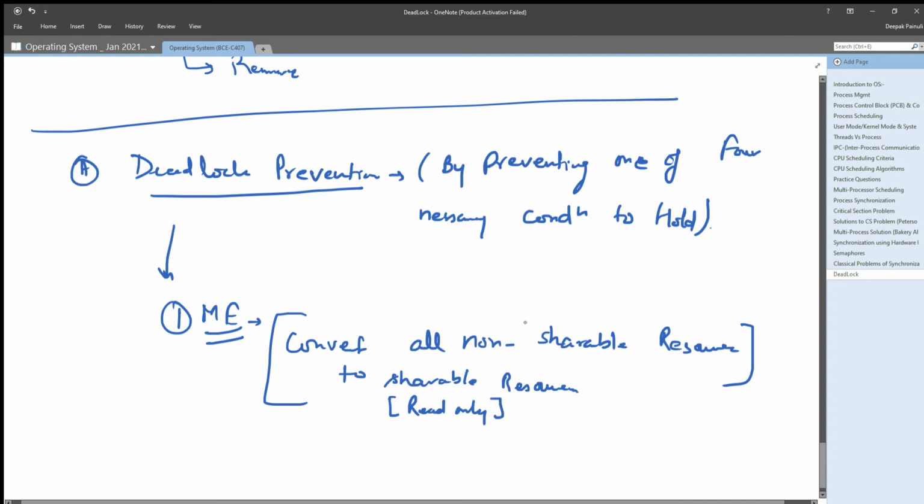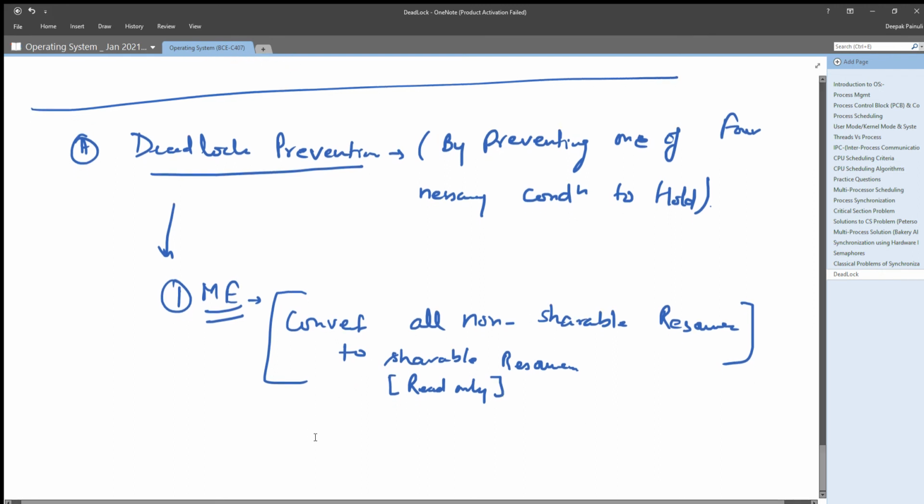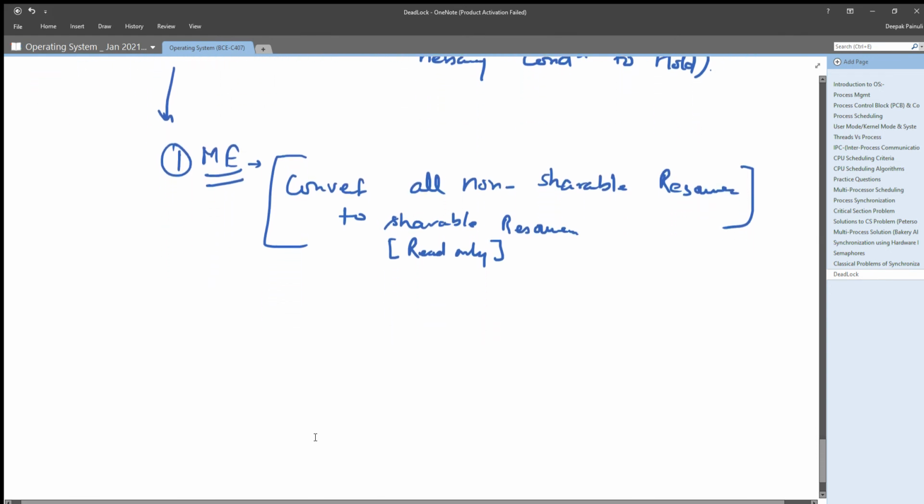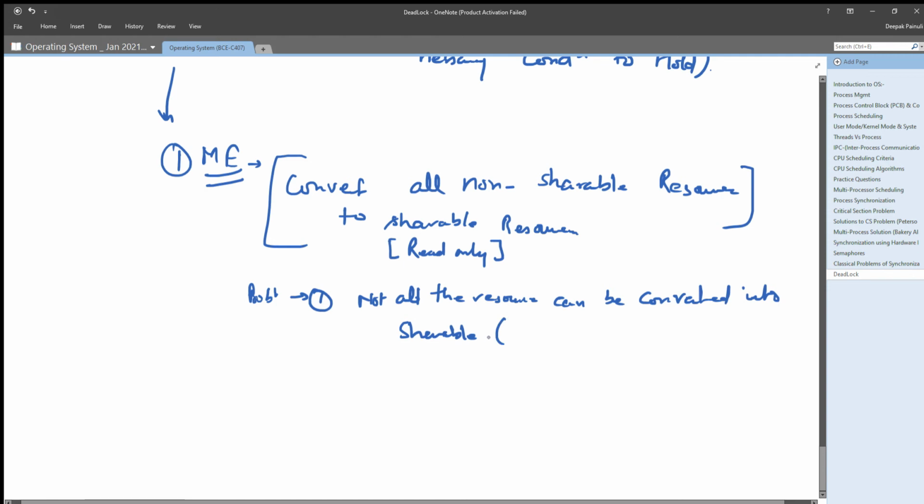An example of a shareable resource is a read-only file, where only reading happens. But the first problem here is that not all the resources can be converted into shareable, because some cannot be.